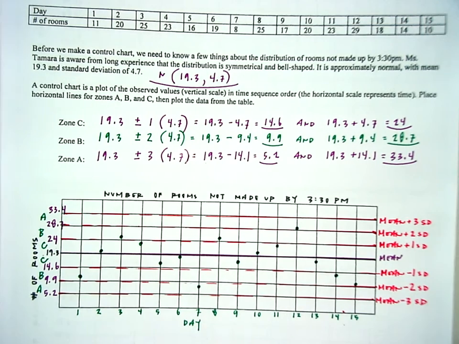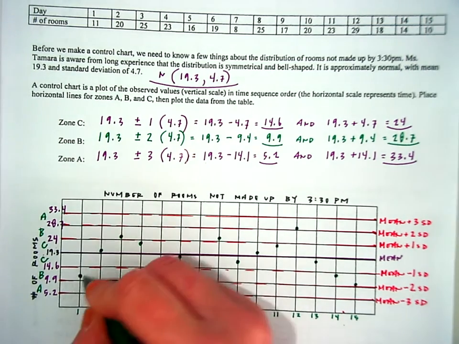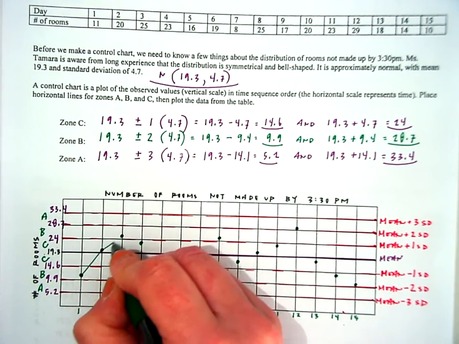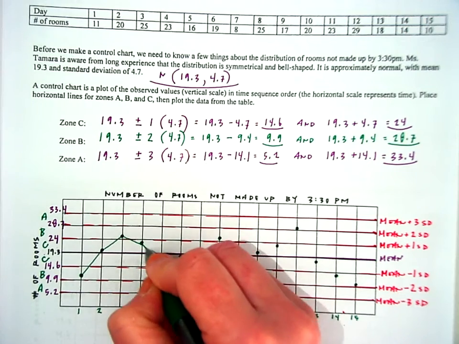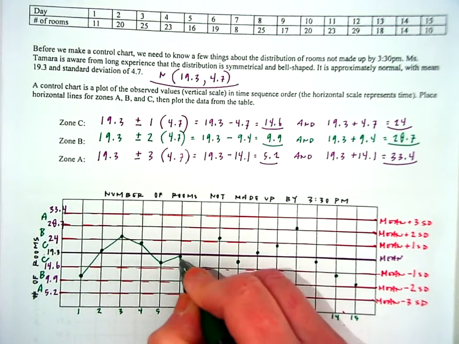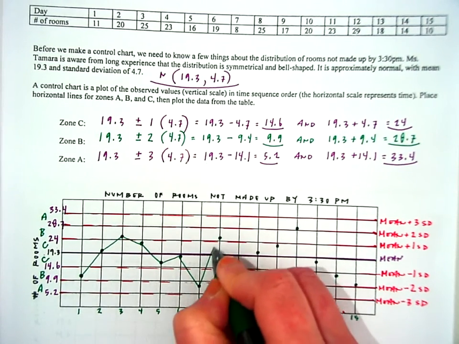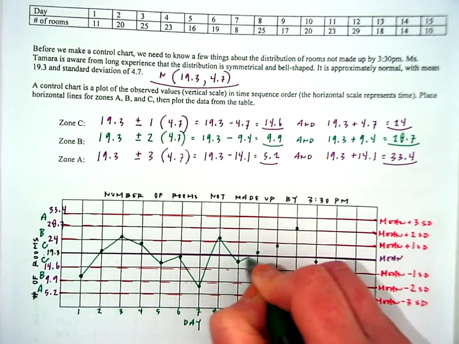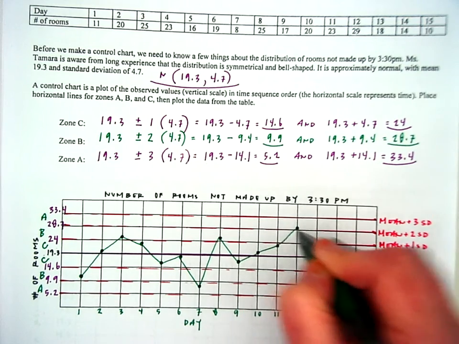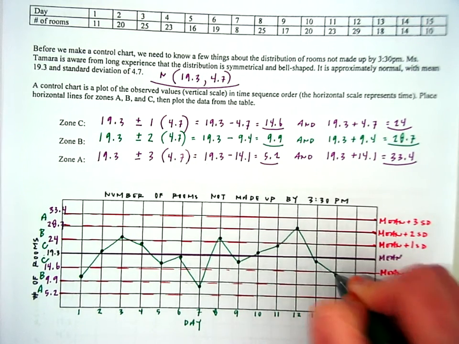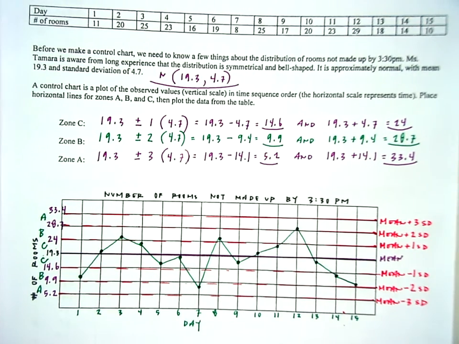Okay, and then with a straight edge or just with a free hand, you're going to connect the dots. And again, you're doing it in sequential order. Okay, and then I want to look at my control chart and see if I see any sort of unusual pattern that is showing up.